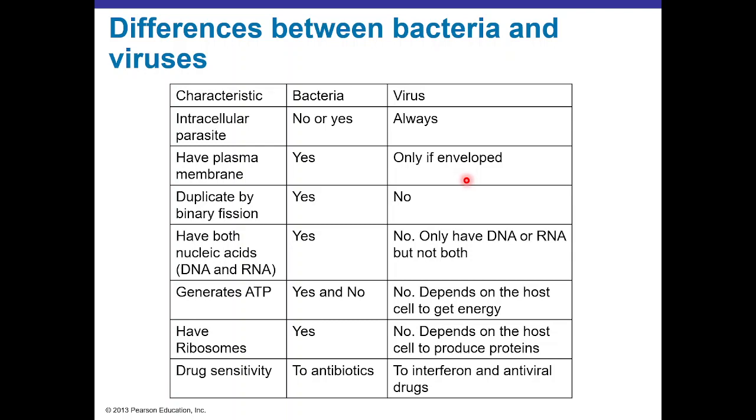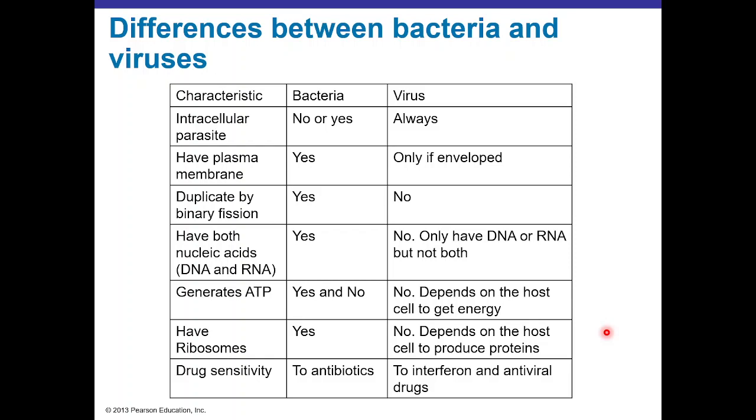Bacteria divide by binary fission, while viruses don't. And bacteria have both nucleic acids at the same time, DNA and RNA, while viruses can only have DNA or RNA, but not both at the same time. Some bacteria can generate ATP, while some others don't.